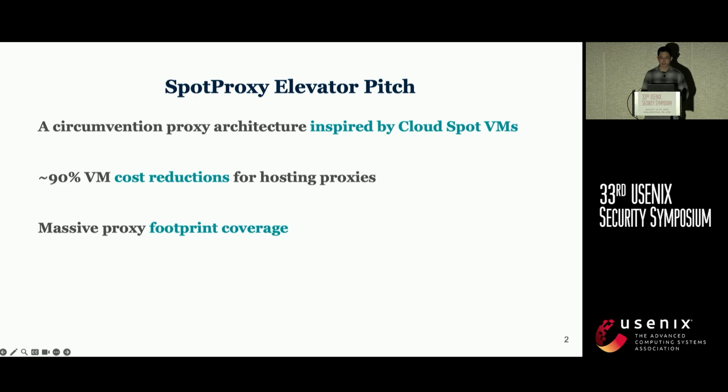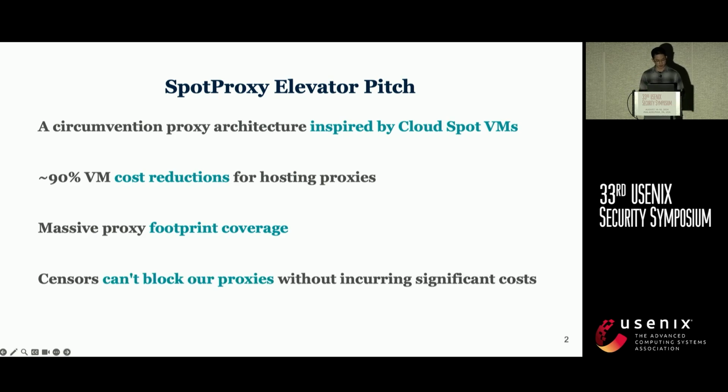You're able to have massive proxy footprint coverage by leveraging the cloud's near unlimited resources to essentially transition to different proxies automatically across time. And in doing so, using this and other techniques, we're able to show that it's difficult for censors to block our proxies, particularly IP-based blocking.